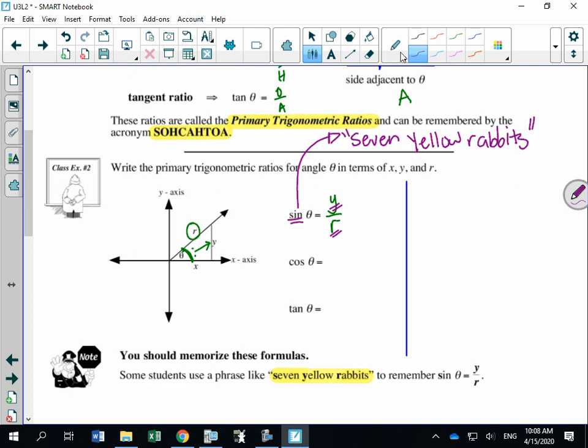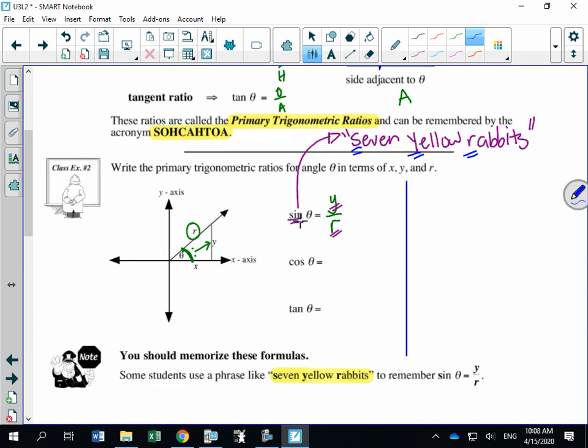If you can remember 7 yellow rabbits, that is what the sine ratio is. Sine of theta is y over r. I always tell my students, you just remember the 7 yellow rabbits, and then you'll always have sine.